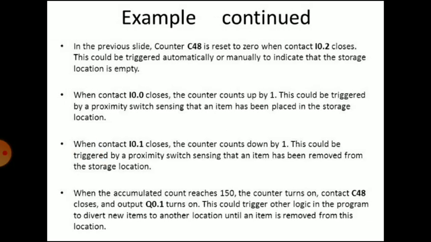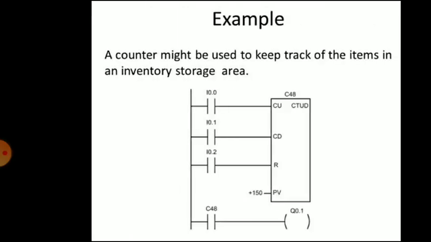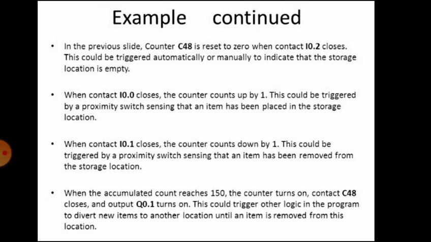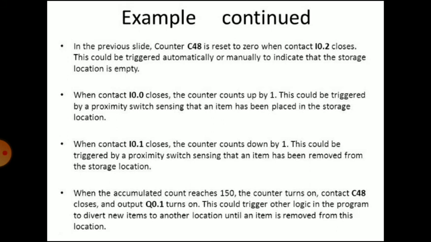This could be triggered automatically or manually to indicate that the storage location is empty. When contact 10.0 closes, that is a switch in rung 1, the counter counts up by 1.